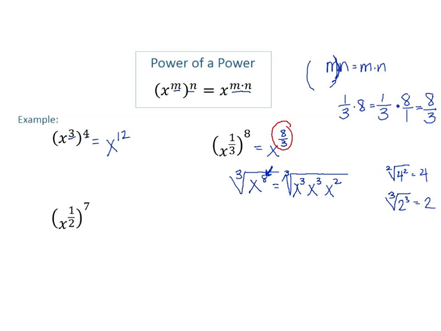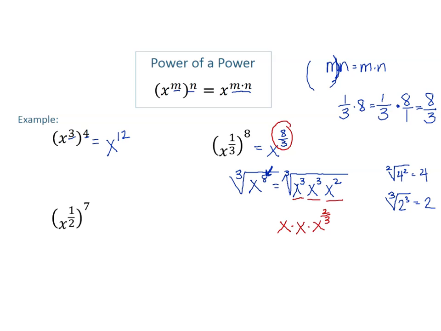So now I'm going to do it one at a time. The cube root of this first x cubed is just going to be x. The cube root of this second x cubed is also just going to be x. And for the last one, I don't have enough to take it out, so that's going to stay x squared.